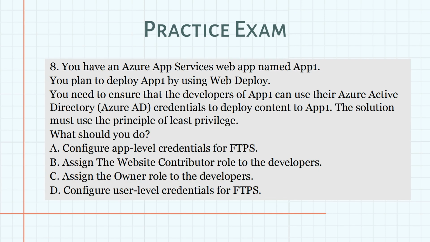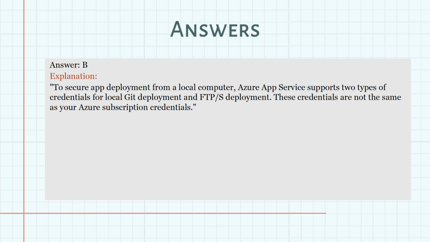A. Configure app-level credentials for FTPS. B. Assign the Website Contributor role to the developers. C. Assign the Owner role to the developers. D. Configure user-level credentials for FTPS. Check for the correct answers.